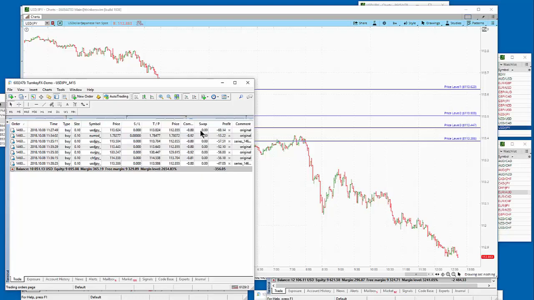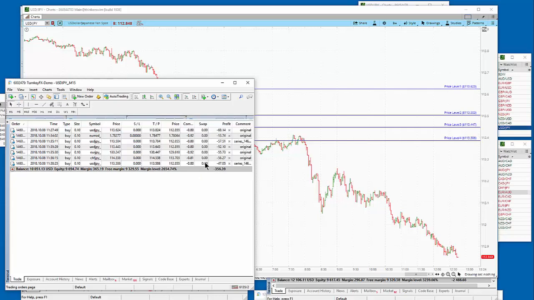But what we do need to know is that theoretically all of these trades that are currently in here could potentially hedge in the next 12 to 24 hours. And if they do, what we will have is 1, 2, 3, 4, 5, 6, 7, about $700 trapped in negative equity.